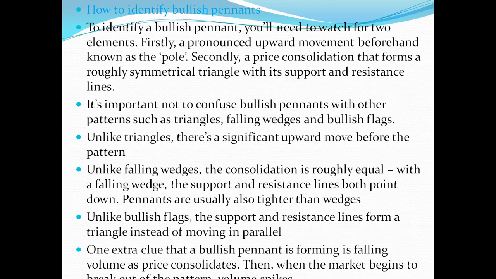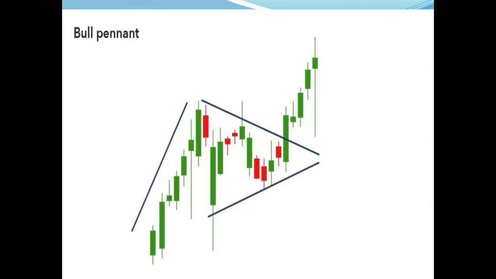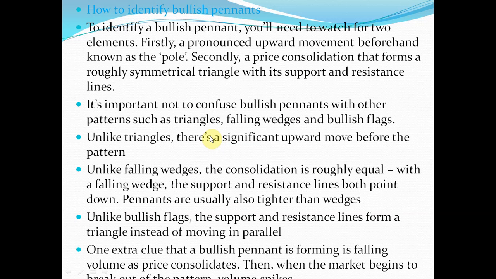How to identify a bullish pennant? It is really important how you identify it. You need to watch two elements. First, a pronounced upward movement, beforehand, also known as a pole. You see here, it is a pole, an upward movement.